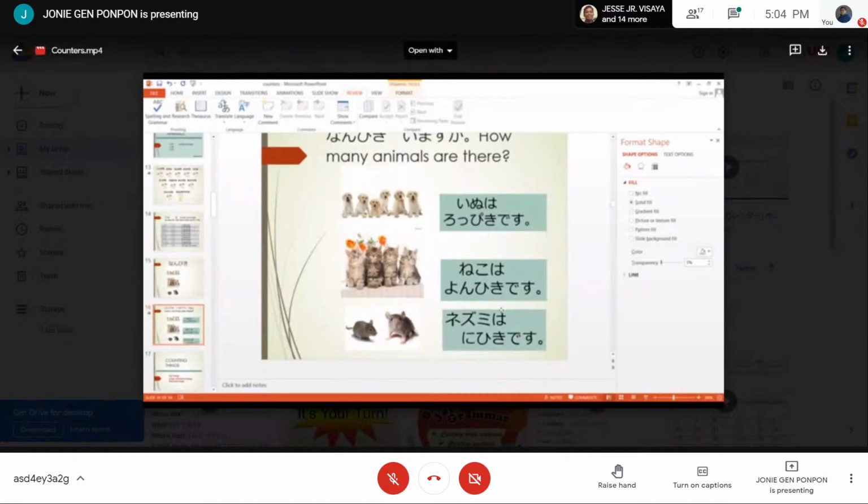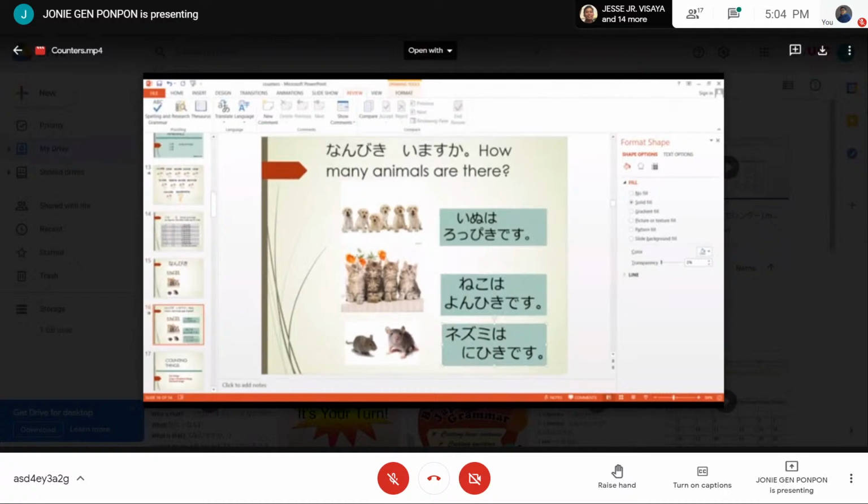But if the speaker asks you just nanbiki imasu ka, you may omit the inu wa, neko wa, nezumi wa, so go direct to roppiki desu. But if the speaker asks you Inu wa nanbiki imasu ka, you may answer indirectly, or better, with a complete sentence.